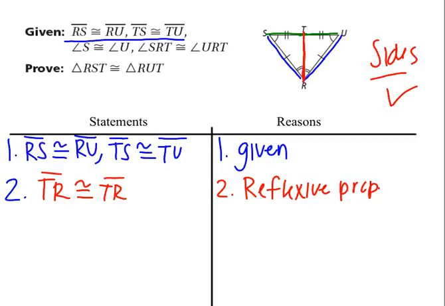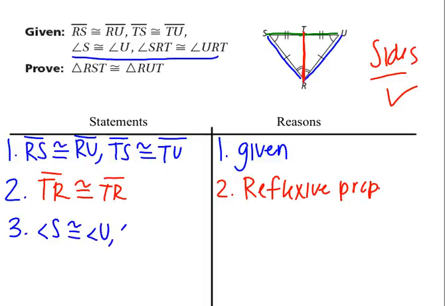Now let's move on to our angles. So step 3, let's start now with our given statement for our angles. So let's just jot this guy down. Angle S is congruent to angle U, and angle SRT is congruent to angle URT. So if I clean up this picture here, this angle's covered, this angle's covered.